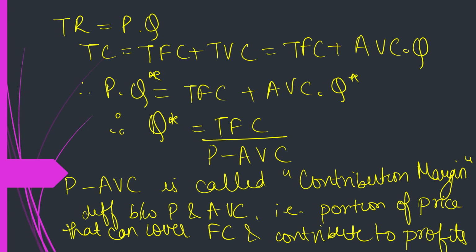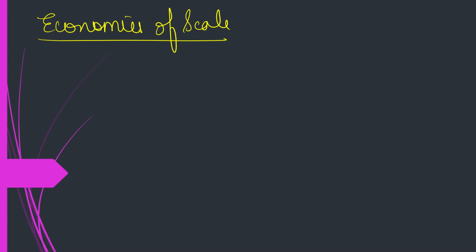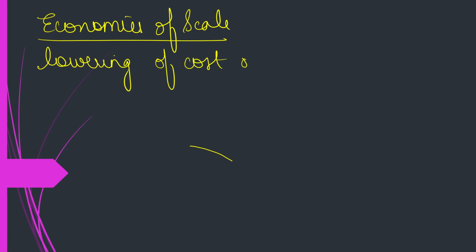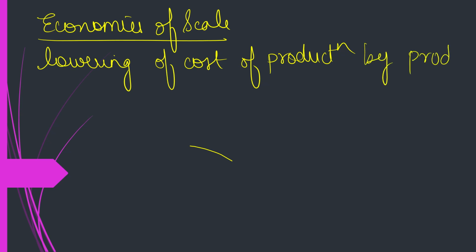So after this, we have economies of scale and diseconomies of scale. So, economies of scale. Economies refers to lowering of the costs of production by producing in bulk.